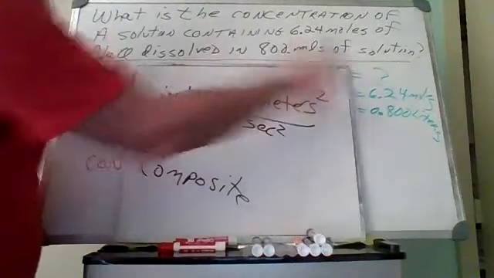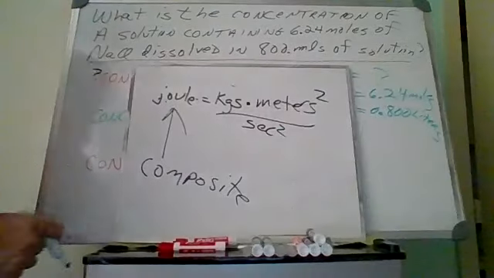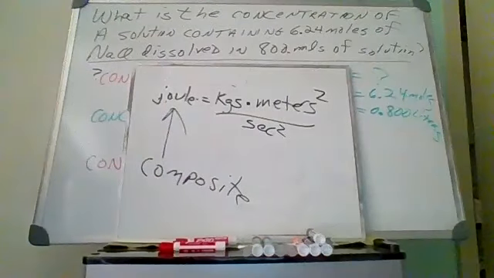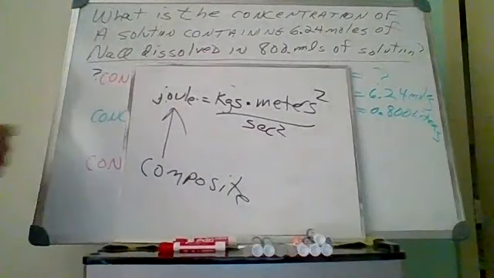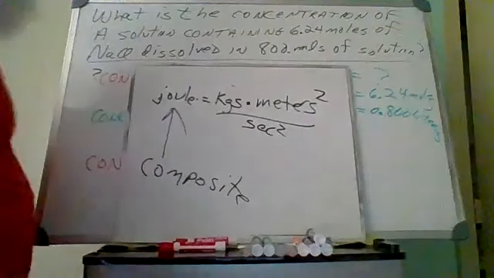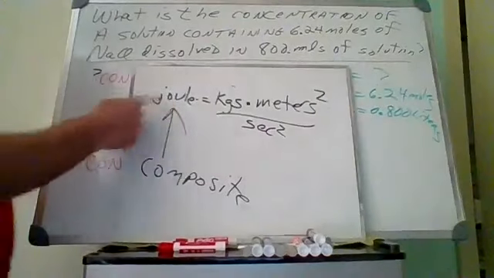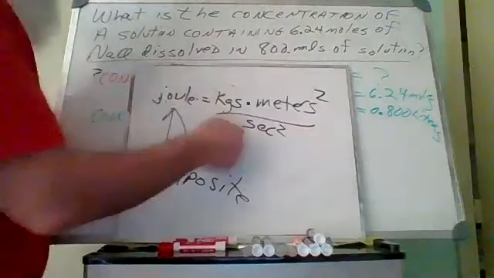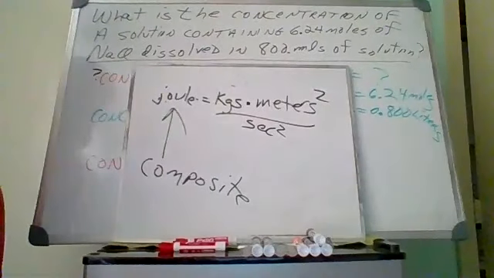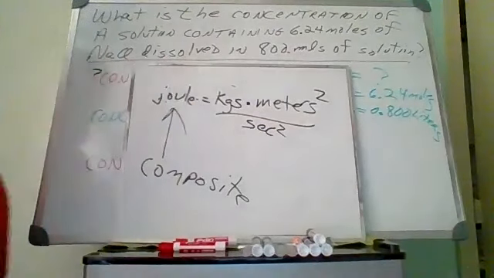So instead of meters, it's meters squared. Right? So no one says, how many joules does that light bulb burn up in an hour? They wouldn't say how many kilograms times meters squared per second squared does that light bulb burn in an hour. They would just say how many joules.